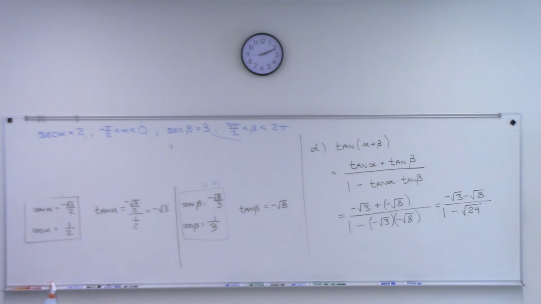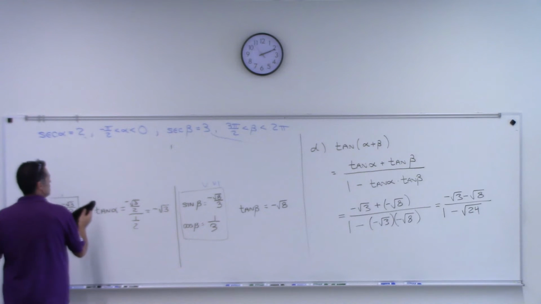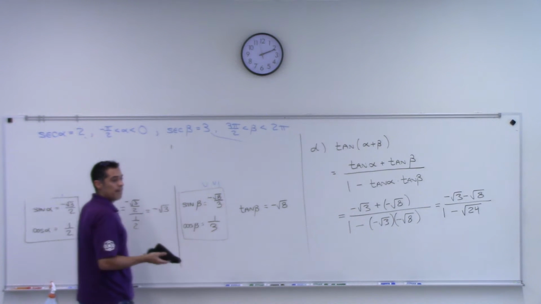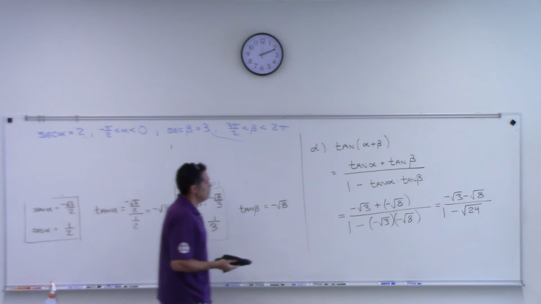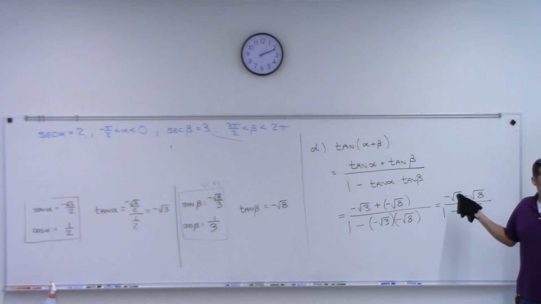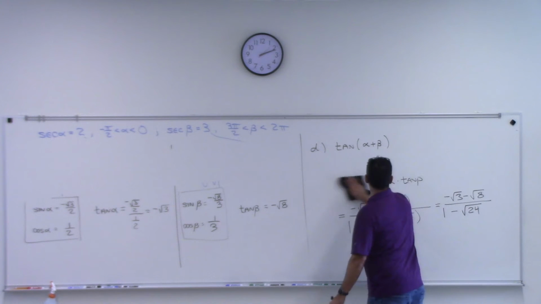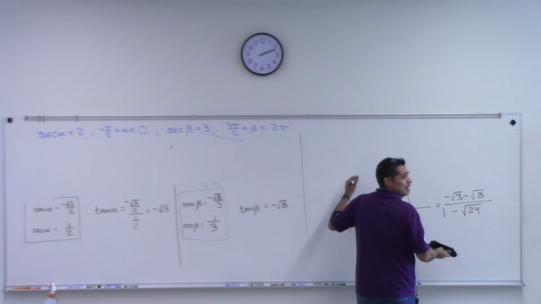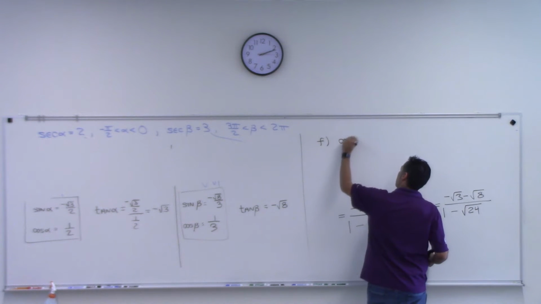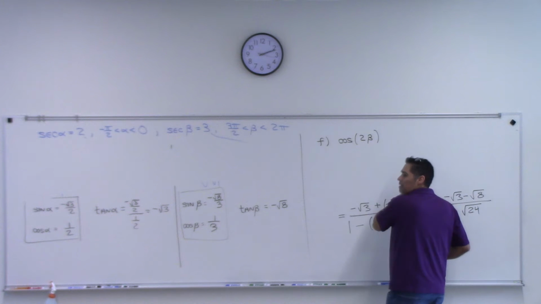All right, let's look at another. We're still working on the same problem. How about we do cosine of 2 beta. That's part F. I'm asking for cosine of 2 beta, not 2 alpha, 2 beta.